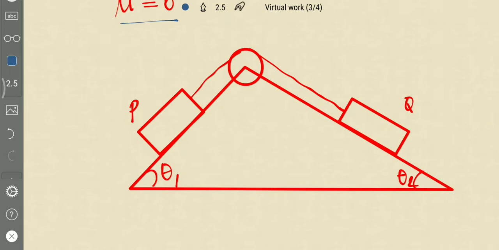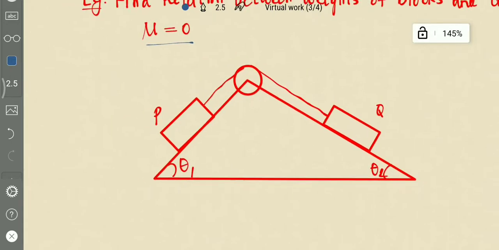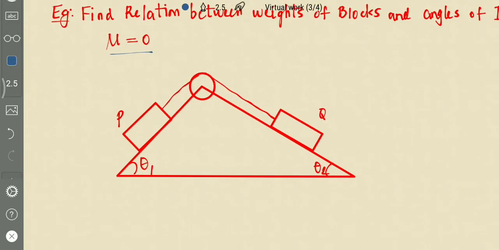There is a block P and block Q, and these are resting on both inclined planes. One is inclined at angle theta 1 and another is inclined at angle theta 2. The question asked here is the relationship between these weights P and Q and the angles theta 1 and theta 2. So there is a pulley here, and P and Q are joined by an inextensible string.